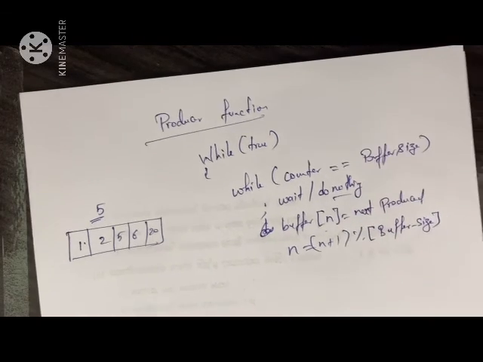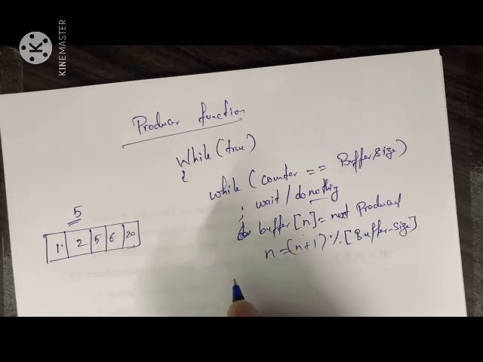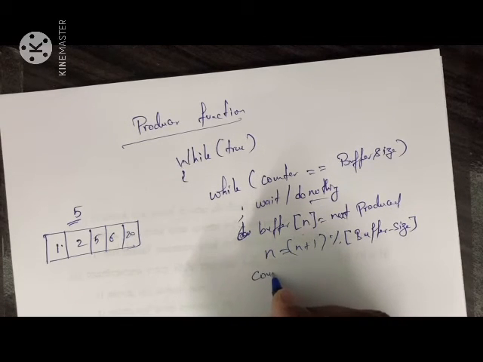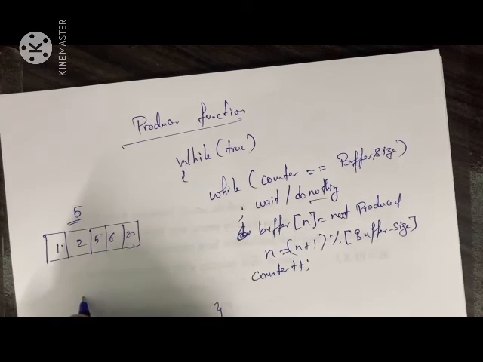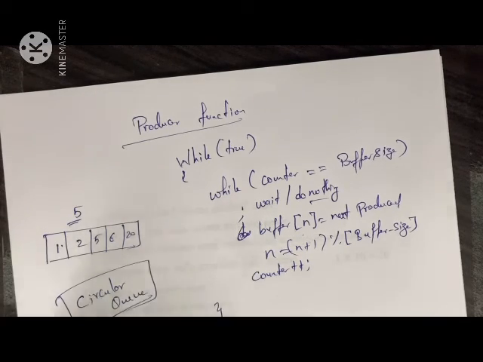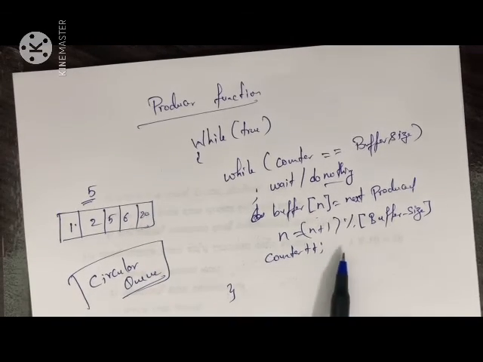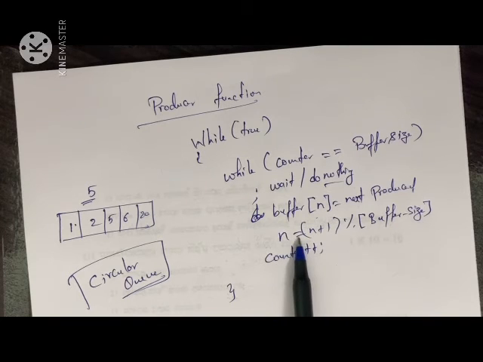If you remember, we have discussed the circular queue in data structures. There we came across these concepts: once an element is added in a stack, top will be incremented, and similarly, once an element is deleted, top will be decremented.